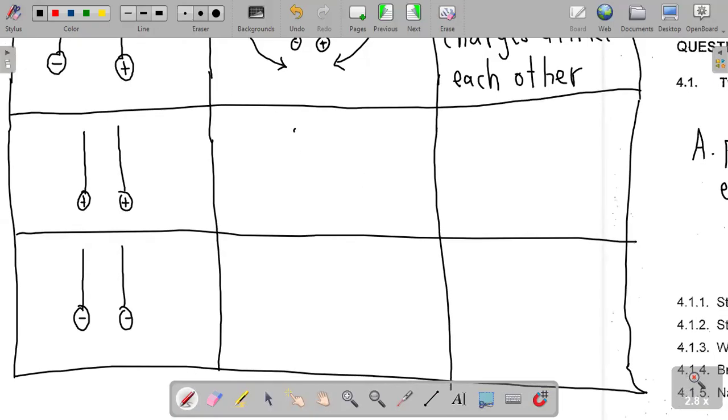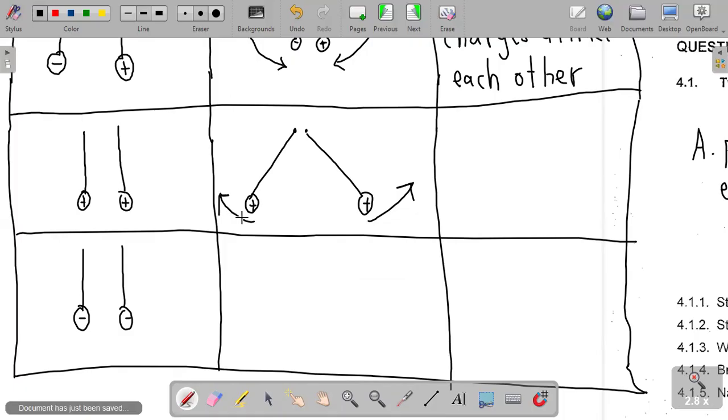And then these two will move away from each other. There will be repulsion. The positive charge over here will move to the right, and the positive charge over here will move to the left.